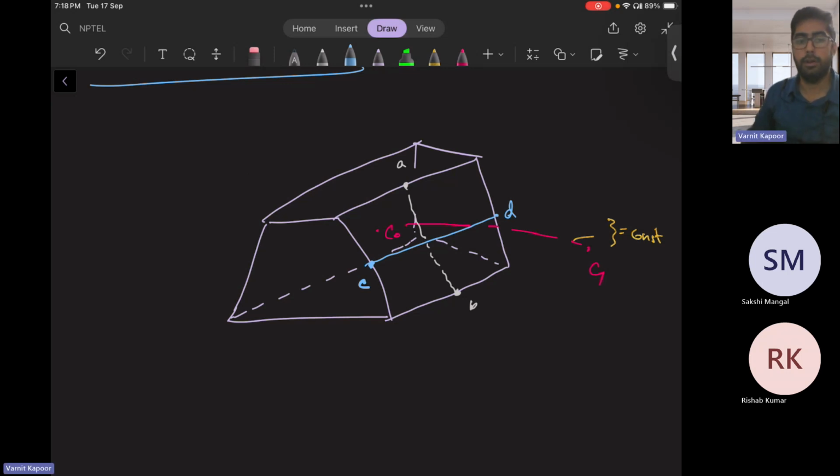So until now we have eta, which is along the face. In this direction, we have eta along the face. And in this direction, because it's three-dimensional now, we have zeta, we have eta, and we can take a third direction as well. So we have zeta along the direction joining C0 and C1.